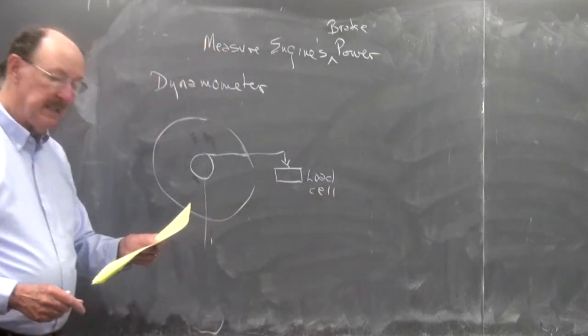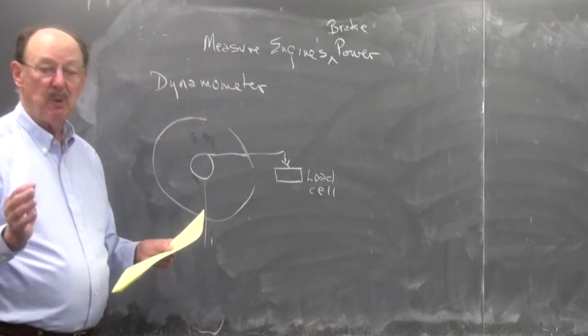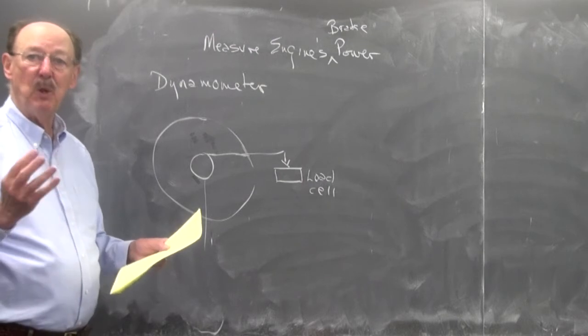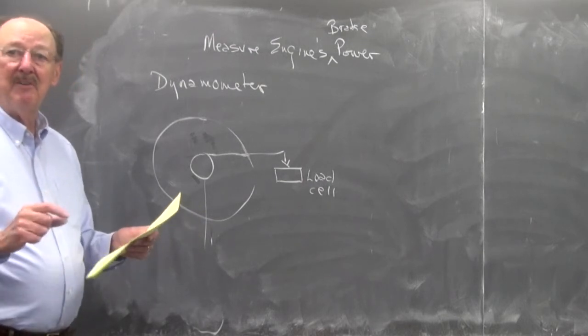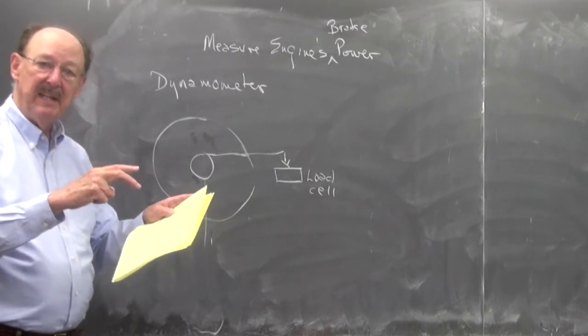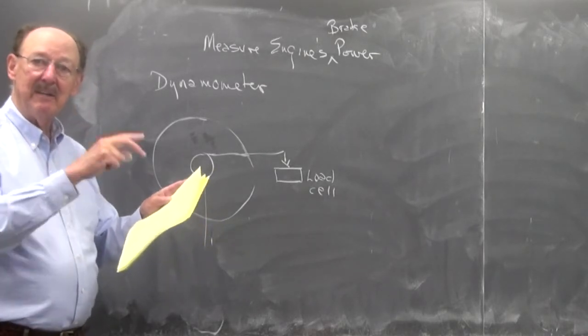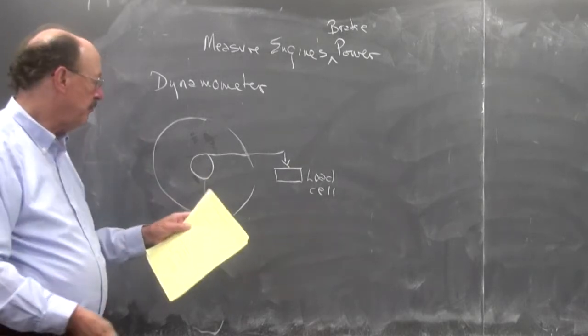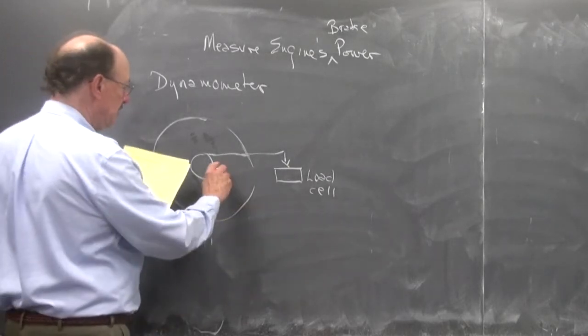In the text, there's a different diagram. It's for a Prony brake, and it's for very small engines. We can use something where you basically have a brake shoe that you clamp on the shaft, and when I clamp it on the shaft, it'll spin and create a torque in this sort of force. But in any case, in this case, there's a load cell.